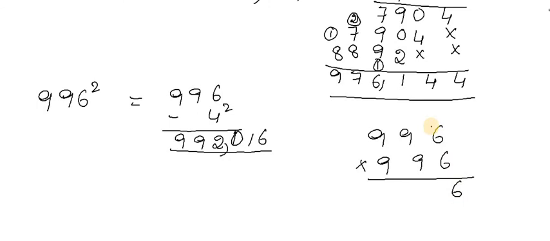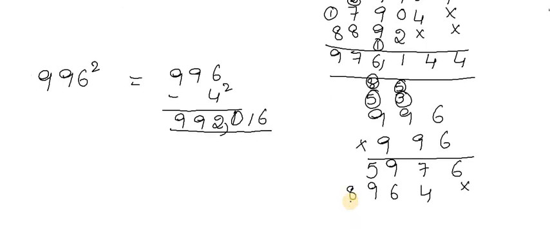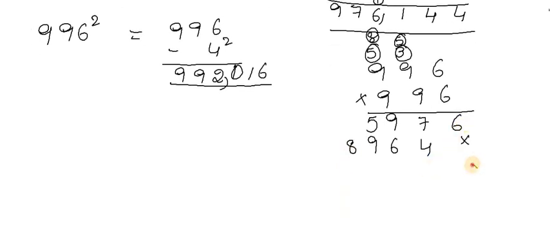6 6s are 36, 6 9s are 54, plus 3 is 57. 6 9s are 54, plus 5 is 59. 9 6s are 54. 9 9s are 81, plus 5 is 86. Again 9 9s are 81, plus 8 is 89. And now with the same number, we'll get the same answer.